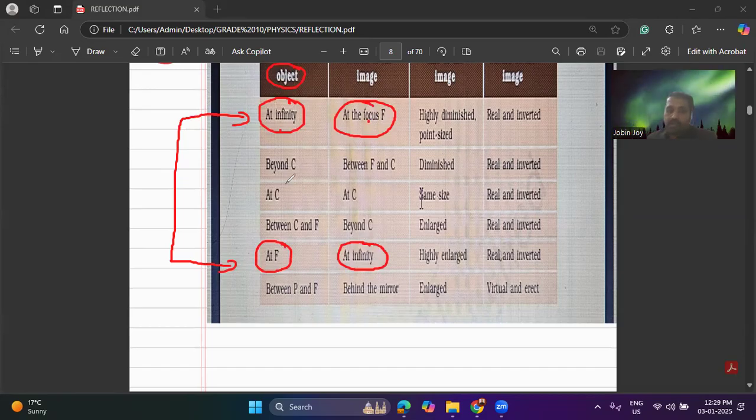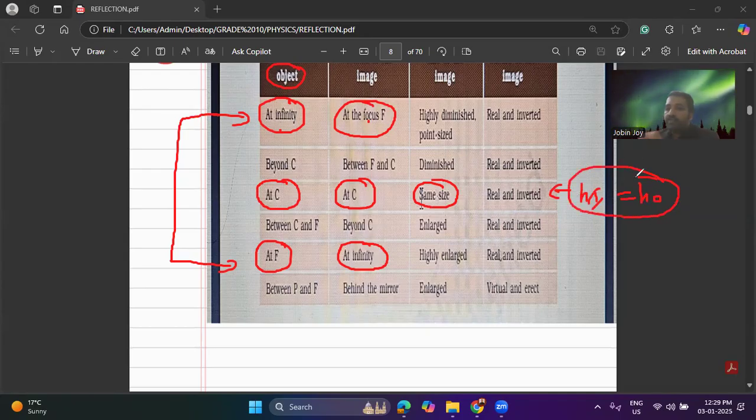Okay. And another point is that if the object is at C, the position of the image will be at C. And again, there is no magnification. HI, the height of image will be equal to height of the object. Okay.